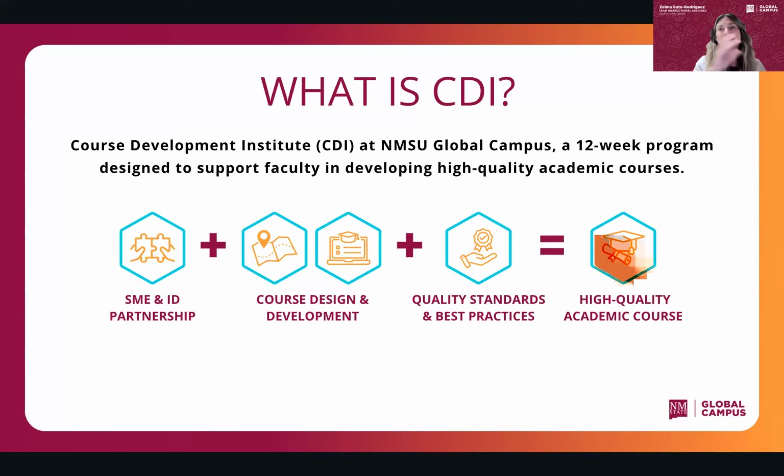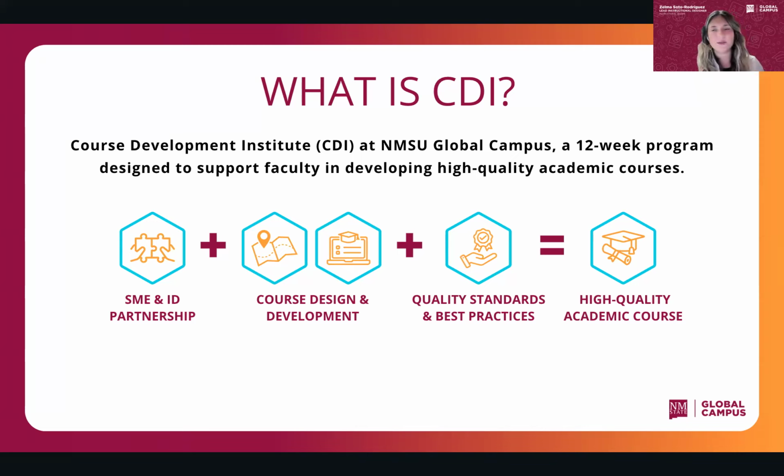A little bit of context. You hear me saying CDI. CDI stands for Course Development Institute. And what CDI is at NMSU Global Campus is a 12-week program that helps faculty create high-quality online courses. It includes a partnership between SMEs and IDs, subject matter experts and instructional designers, who work together in the design and development of an online course, applying quality standards and best practices.